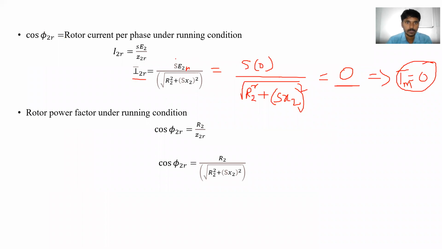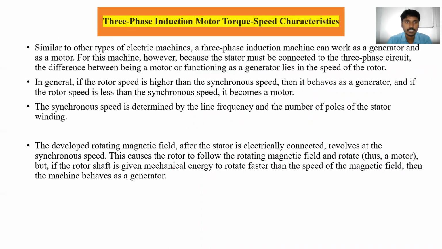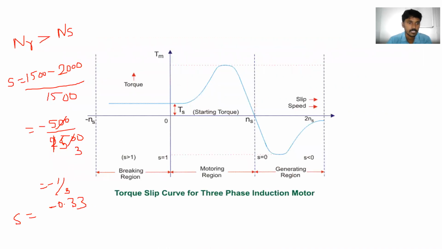If the slip is negative, the rotor current is also negative. We don't need the exact value, I am just telling you it is negative.